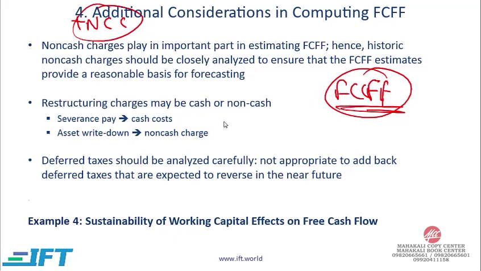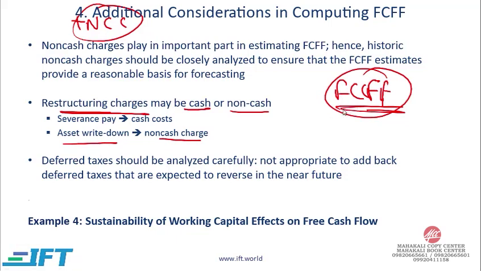That's one major point. Often the curriculum talks about restructuring charges. Why? Because generally restructuring charges do not recur. You might have some restructuring charges that are cash based or others that are non-cash based. So for example, if there is an asset write-down, which is a non-cash charge, does it make sense to add back a non-cash charge such as an asset write-down over here?